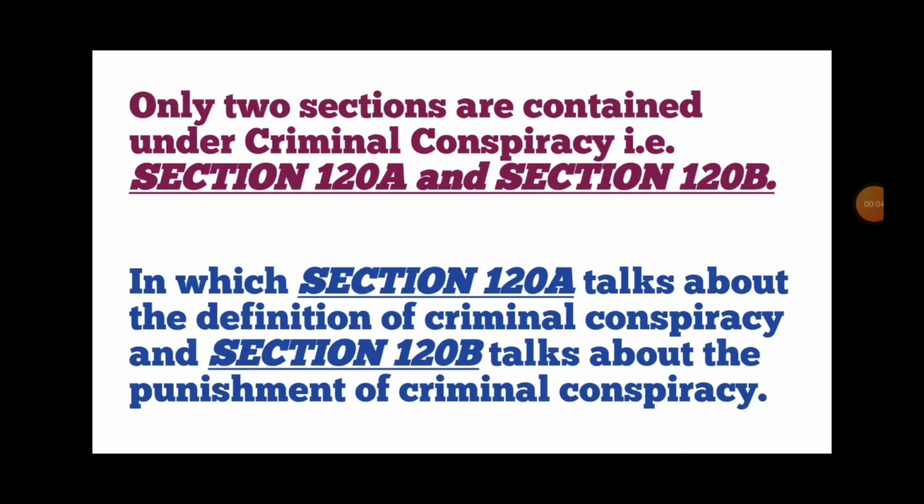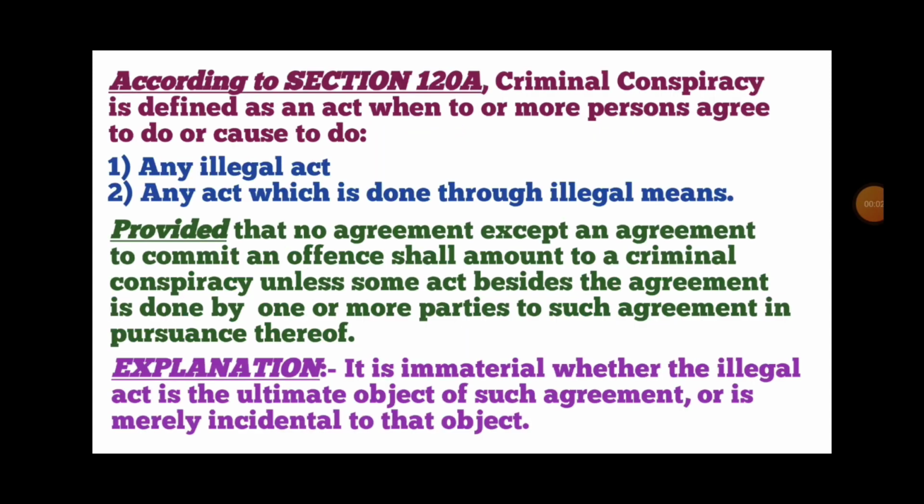Only two sections are contained under criminal conspiracy, that is Section 120A and Section 120B, in which Section 120A talks about the definition of criminal conspiracy, while Section 120B talks about the punishment given under criminal conspiracy.